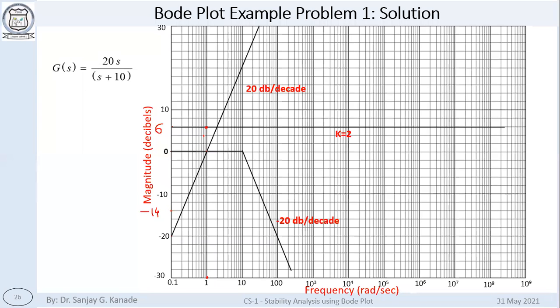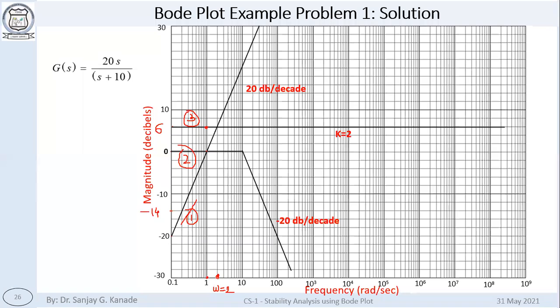Can you guess what will be the value of gain at this particular point at omega equal to 2? Can you calculate this? Again, it is going to be an algebraic sum of the 3 curves, the 3 factors: factor 1, factor 2, and factor 3.